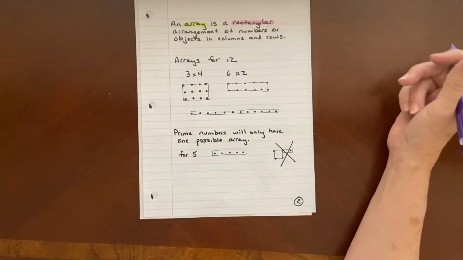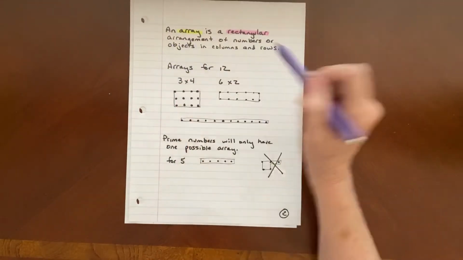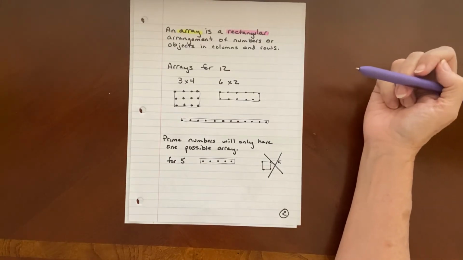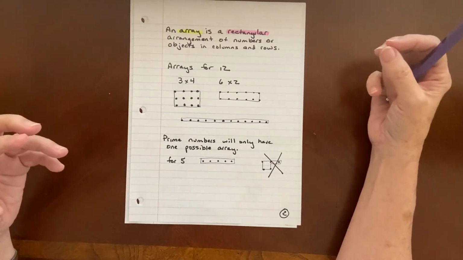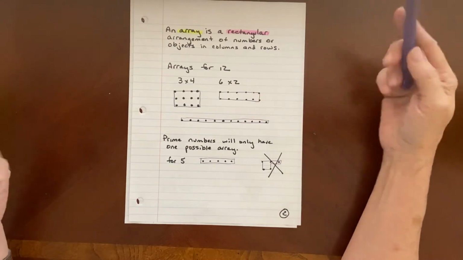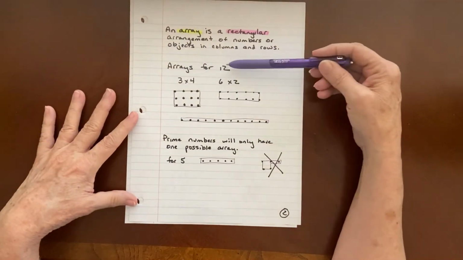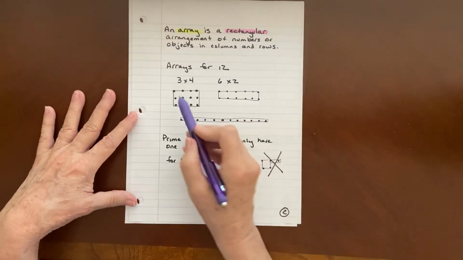We're going to talk a little bit about arrays. So an array is a rectangular arrangement of numbers or objects in columns and rows. You know how I always say multiplication is groups of. So for arrays for 12, I've got 3 groups of 4.